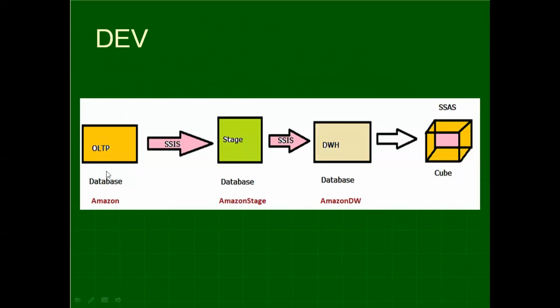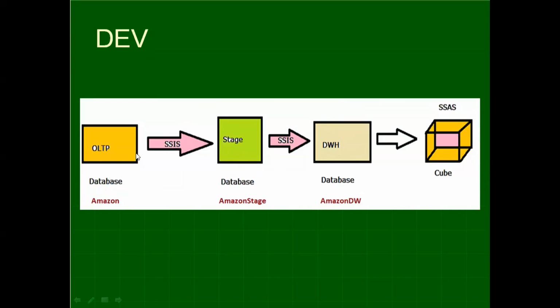OLTP data has to be loaded to the data warehouse. So we have the OLTP database, where you have a customer table, category table, product table, and sales table. All the data is going to go to the staging first. From the staging, the data is going to go to the data warehouse.